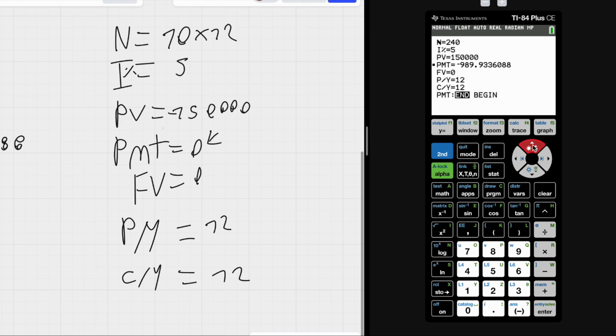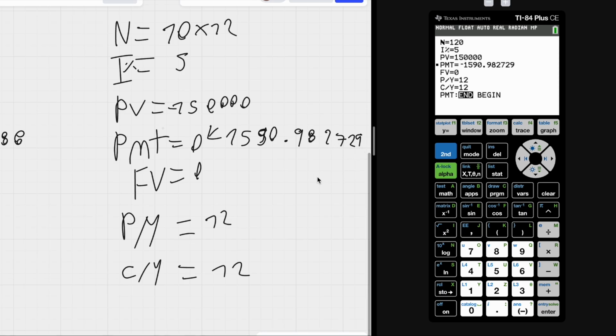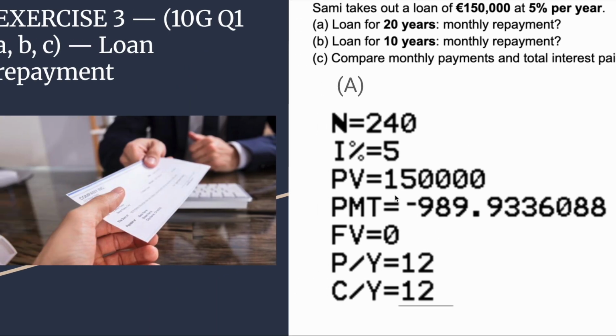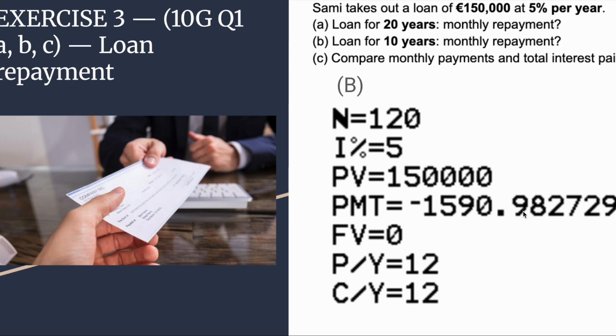So the only change here is that here we're going to put 10 times 12, which is 120, and here's 0, alpha, enter to solve. Here it says that his monthly payments are gonna be 1,590.982729 pounds each month. Let's see if this is correct. Here it says that it is correct.